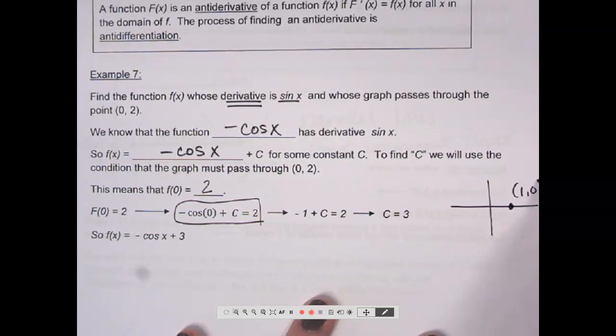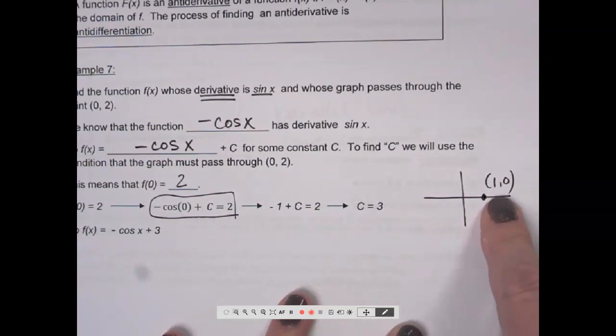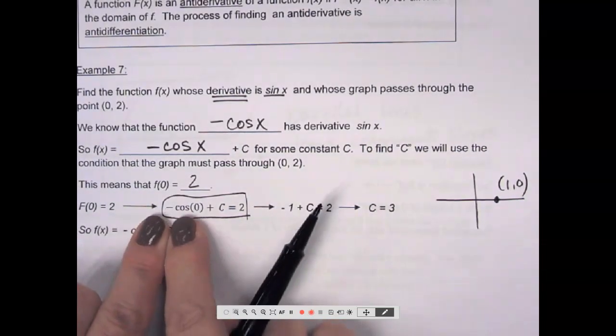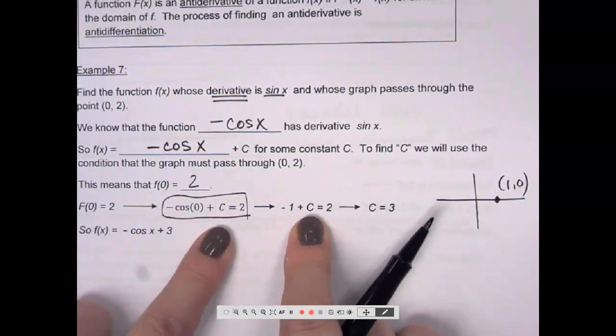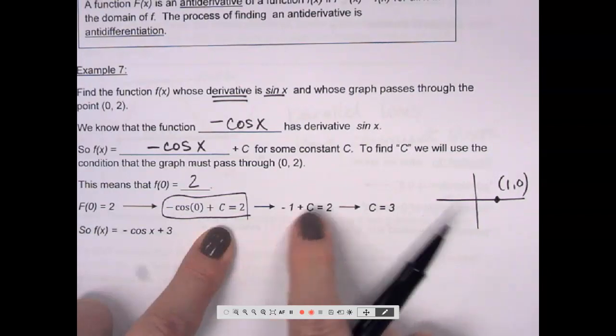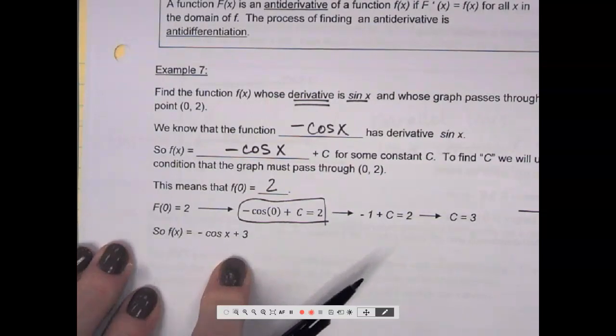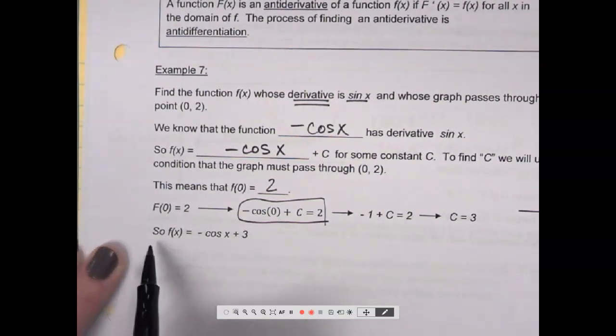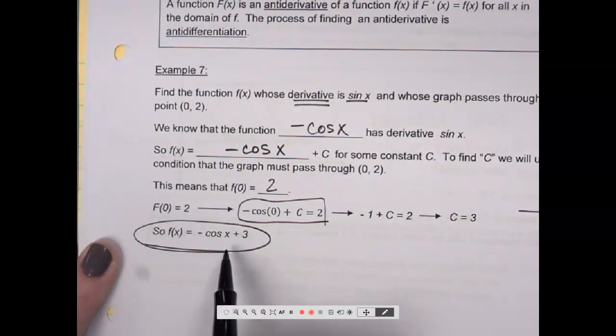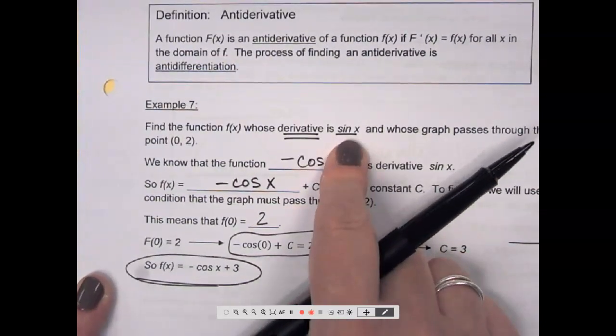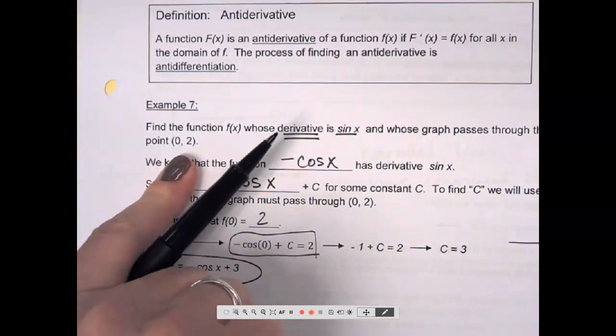The ordered pair is 1, 0. So cosine is 1. So I have negative 1 plus c is 2. Add 1 to both sides, c is 3. So we get the function negative cosine x plus 3. So this will be the original function that has this derivative and goes through that point.